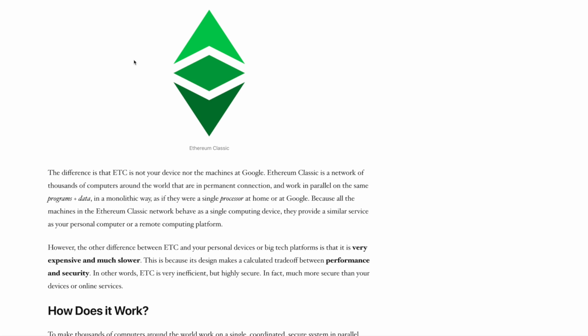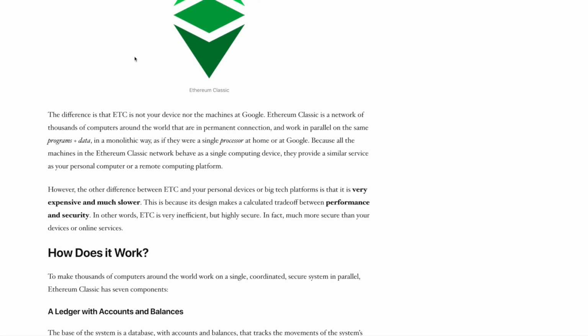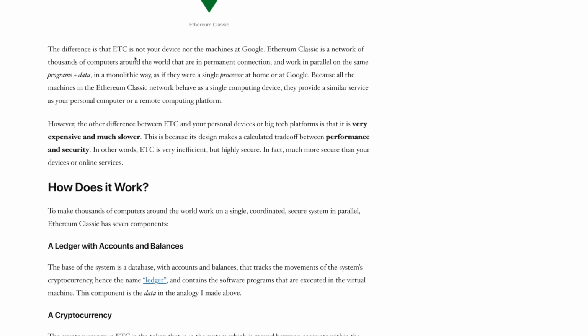However, the other difference from ETC and your personal device or big tech platforms is that it is very expensive and much slower. This is because its design makes a calculated trade-off between performance and security. In other words, Ethereum Classic is very inefficient but highly secure. In fact, much more secure than your devices or online services.